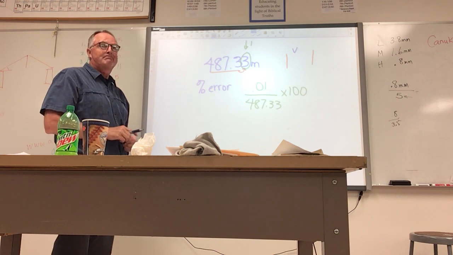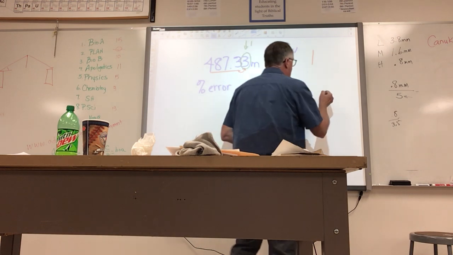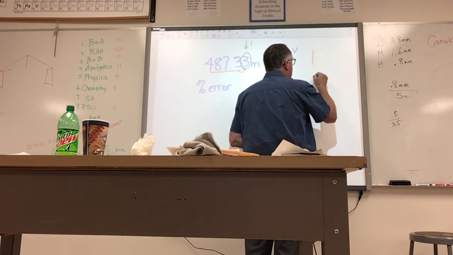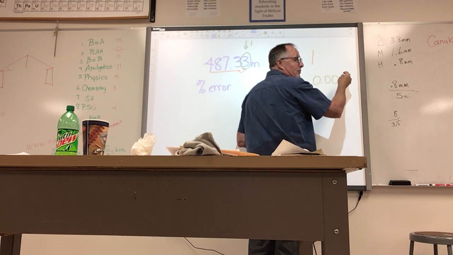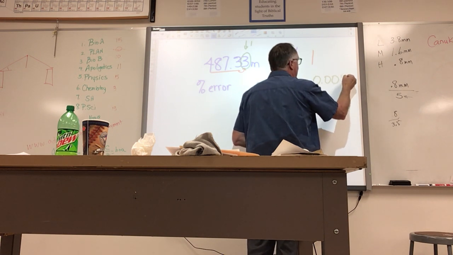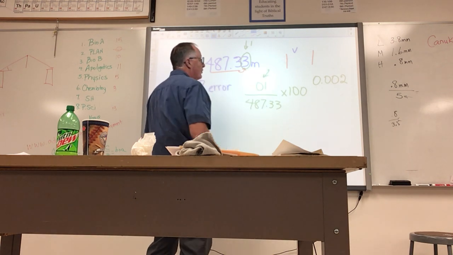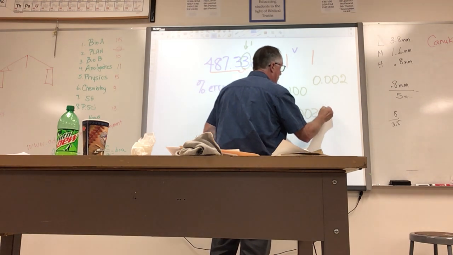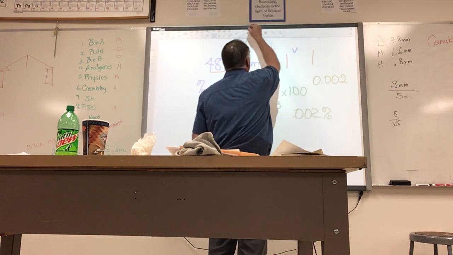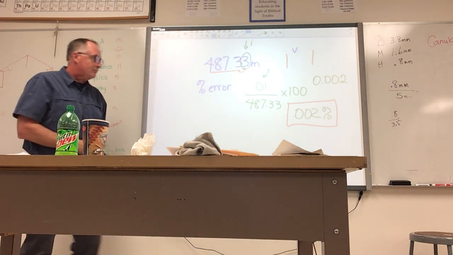What'd you get, JC? 0.002. 0.00, and then what are the actual numbers? 2051. Yeah, okay, and I only get one significant digit because this is only one significant digit, so 0.002% error is what I get.